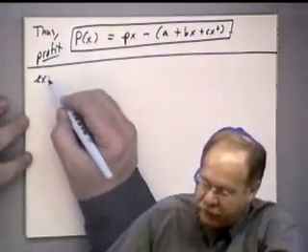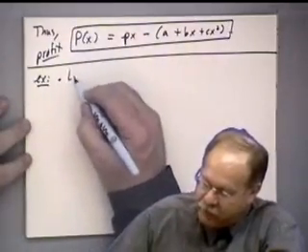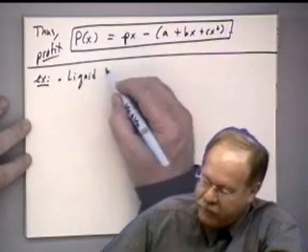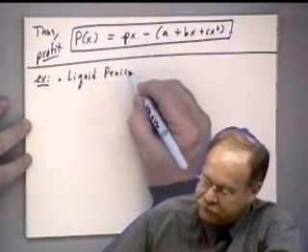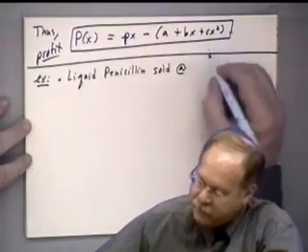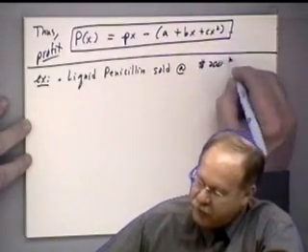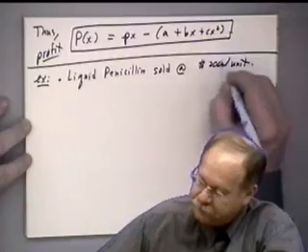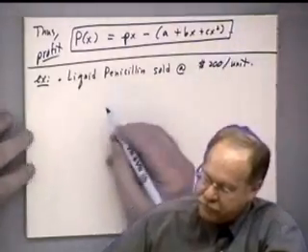Let's do an example here. Suppose you have liquid penicillin, and that is being sold at $200 per unit, whatever the unit size is.